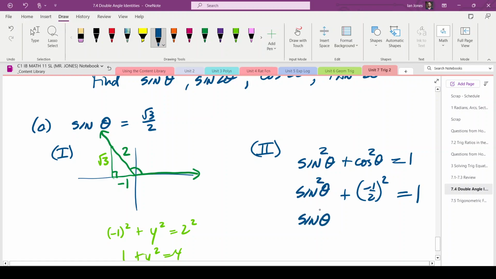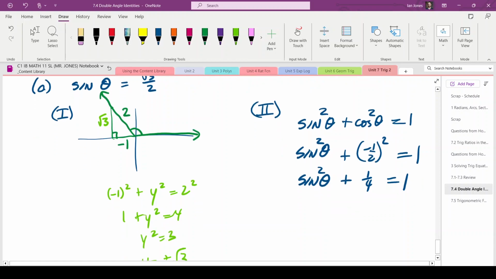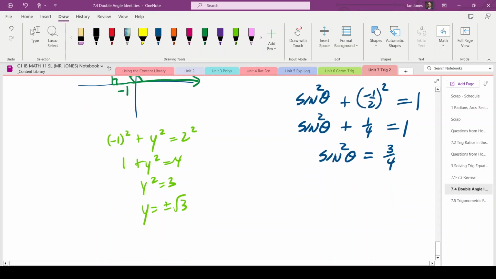I have sine theta squared plus, negative times a negative is a positive, so we have 1/4. Subtract a quarter from each side, I get sine theta squared equals 1 minus a quarter. That's 3/4. To solve for sine theta, I'll square root both sides. Square root the left, I get sine theta. Square root the right, I get plus or minus root 3 over 4.